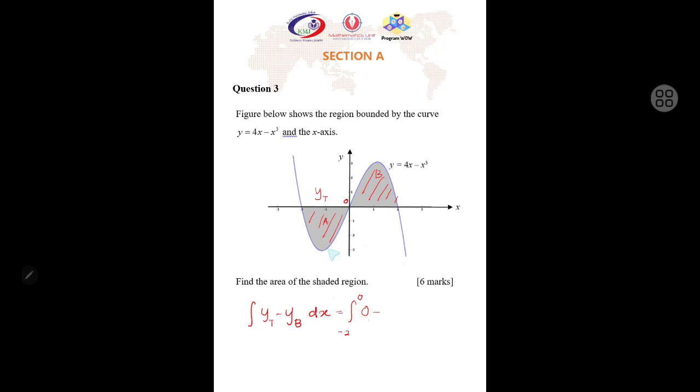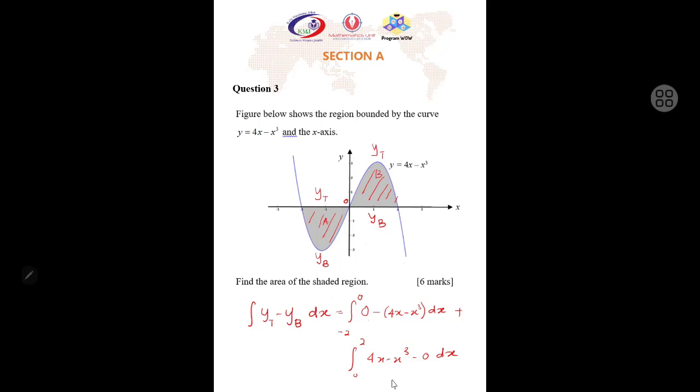This is y top, this is y bottom. So y bottom is your function 4x minus x cubed dx, and then you plus integrate from 0 to 2, y top is 4x minus x cubed. Okay, minus your y bottom, which is the x-axis, so minus 0.